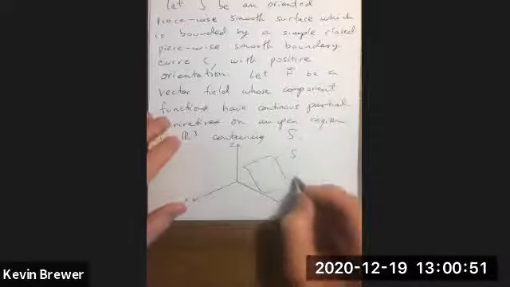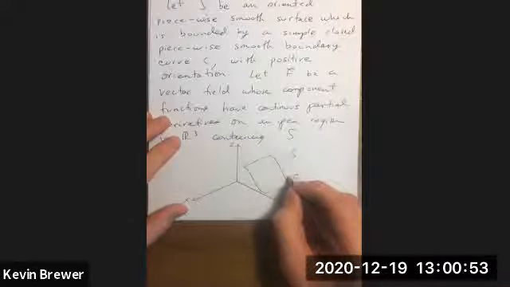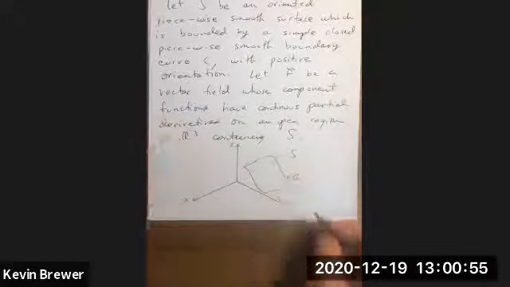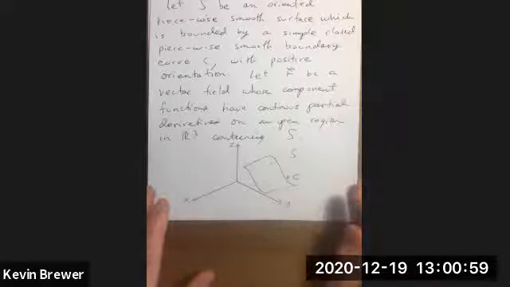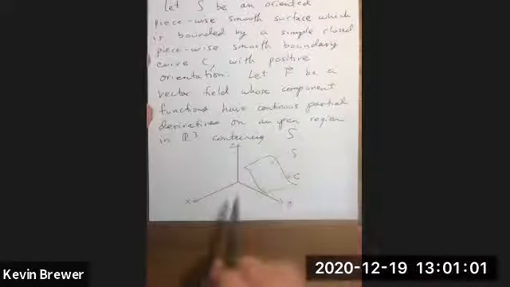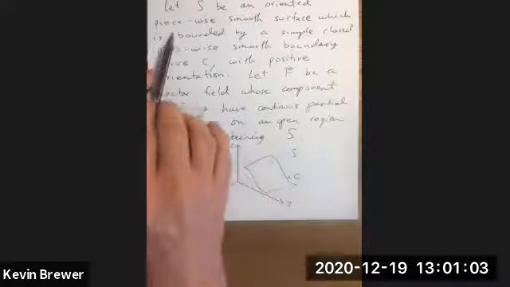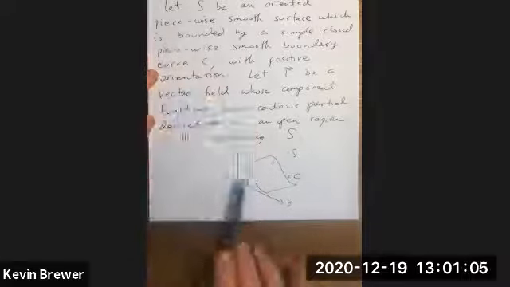And then C, of course, is the boundary of S. S appears to be not even just piecewise smooth, but smooth.